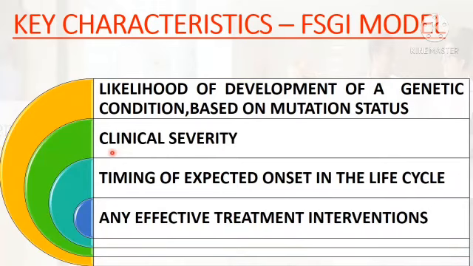Next, the clinical severity of the genetic condition and the timing of expected onset in the life cycle. Few disorders present at birth, few present in middle age, and few may present later in life. It also tells about effective treatment interventions.